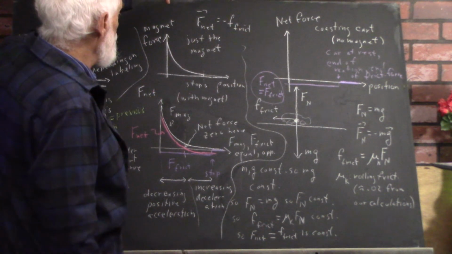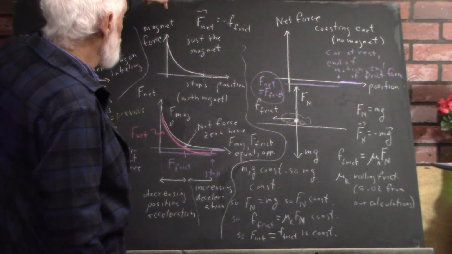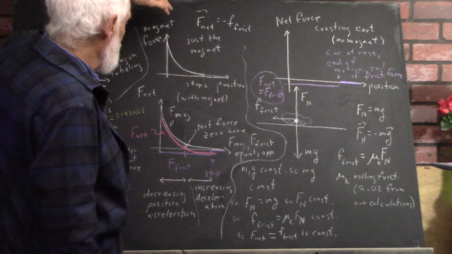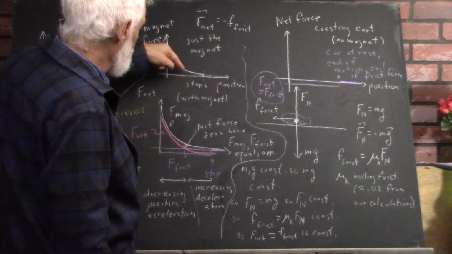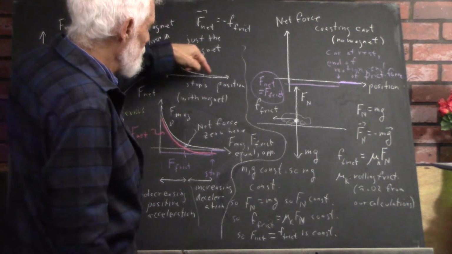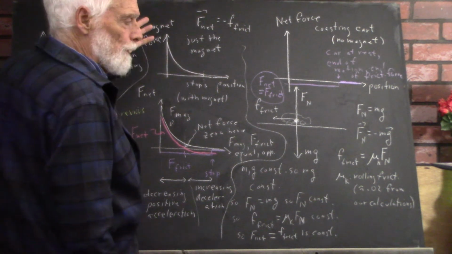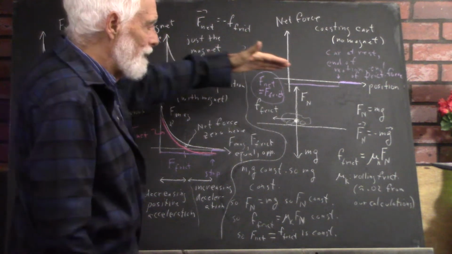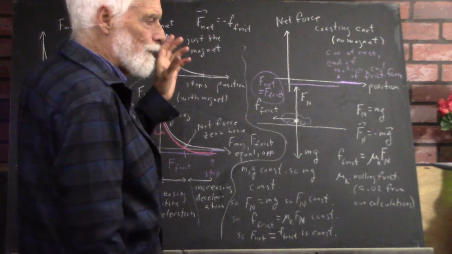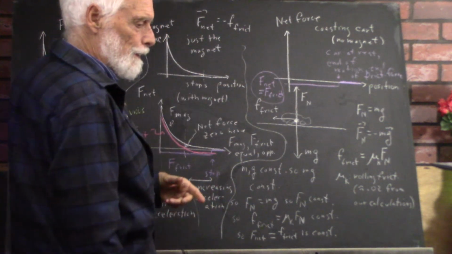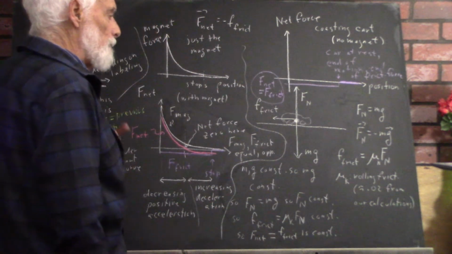So it can be modeled, it can be measured, but it basically has a characteristic like this. It actually drops off a lot faster and then more and more slowly, and presumably the magnetic force theoretically goes on to infinity, but it drops off very rapidly and very quickly becomes negligible.